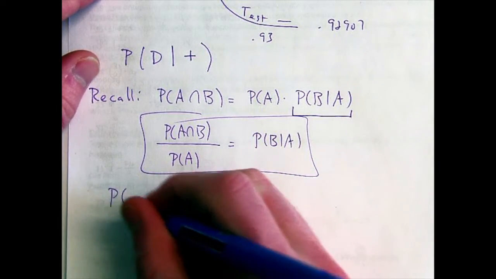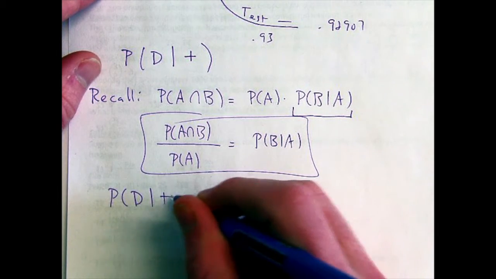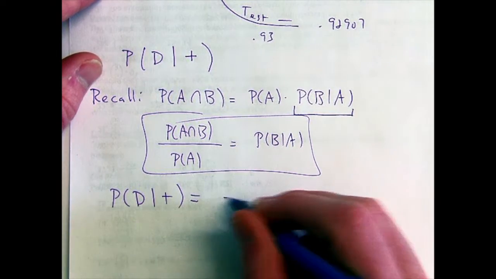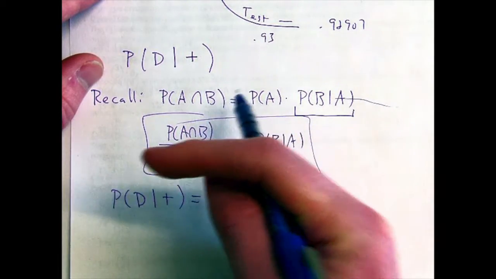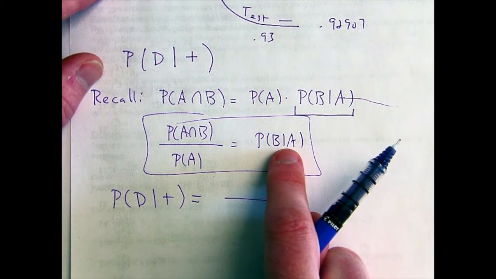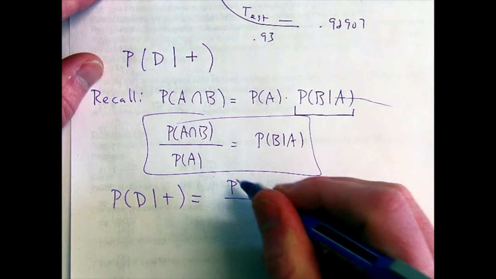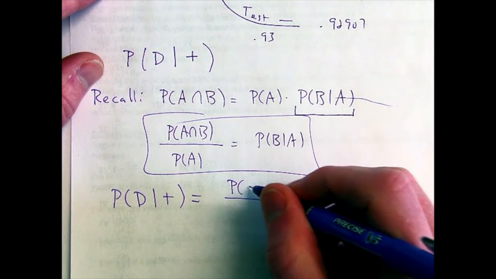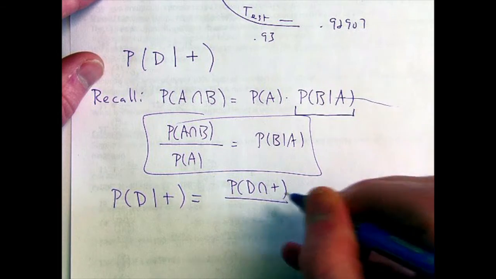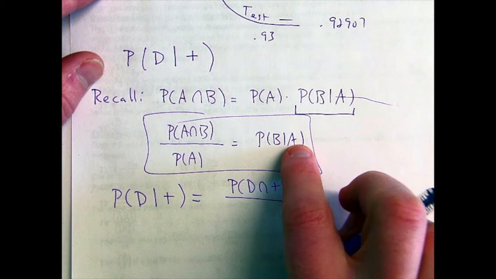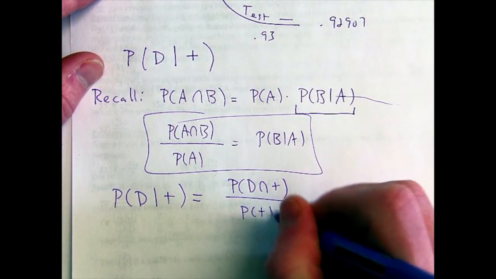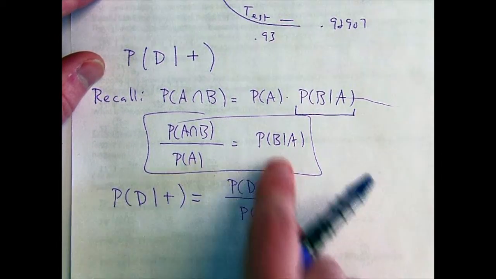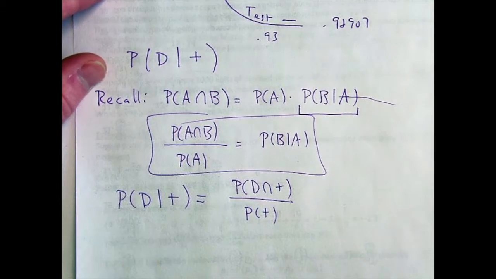The probability of the person having the disease, given the fact that they tested positive, is going to be equal to what? According to this formula, reading it in this direction, it's going to be the probability of the intersection of the two events, that means disease intersect positive, divided by the probability of the given thing. That's the probability of positive. I want to make clear this formula can be a little hard to interpret.